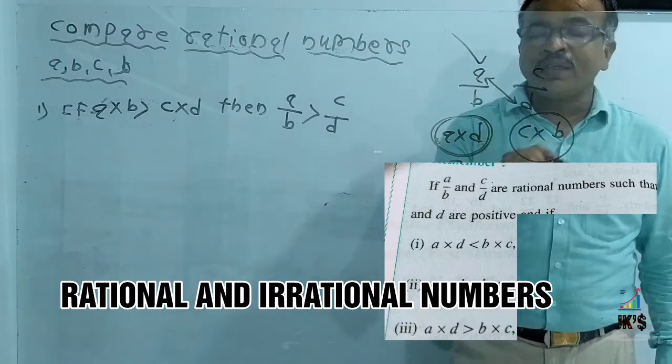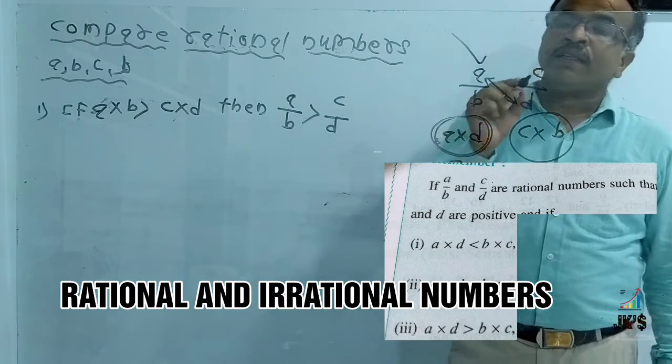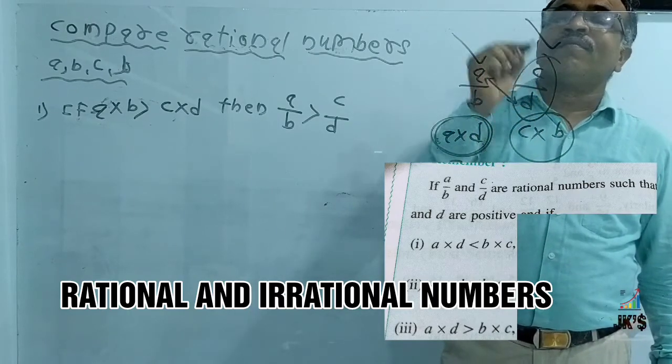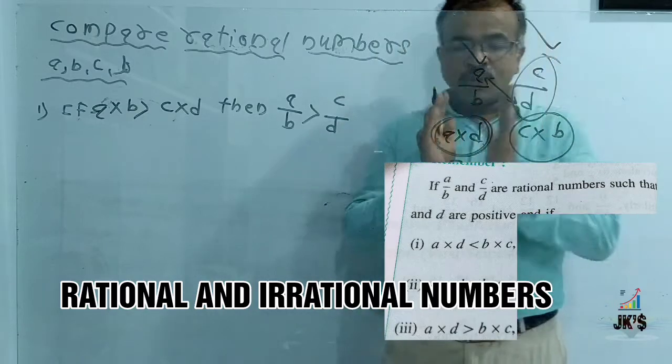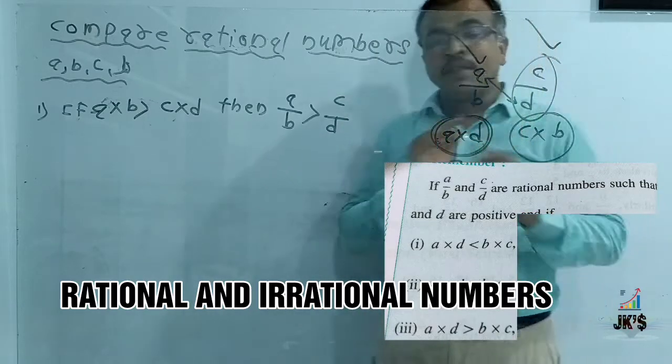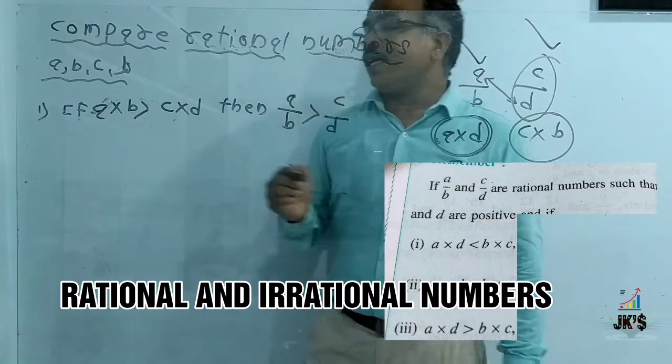If the second product is greater, then the second rational number is greater. If both products are equal, then the rational numbers are equal.